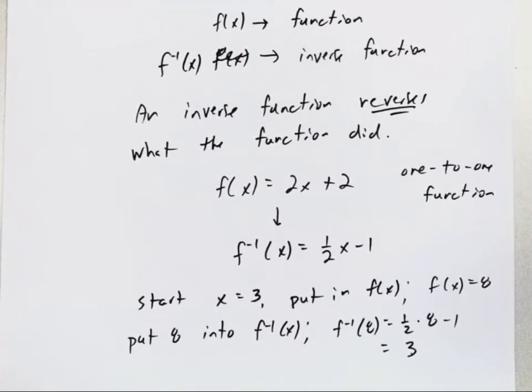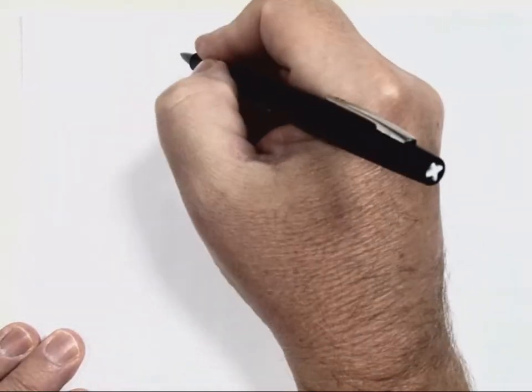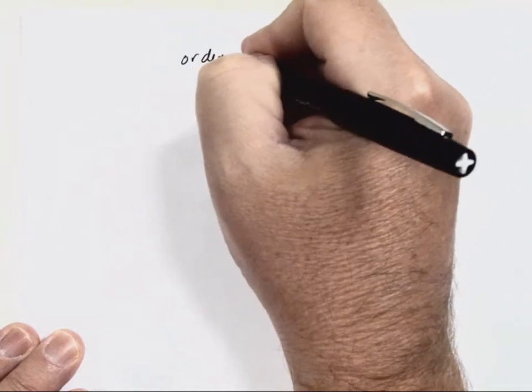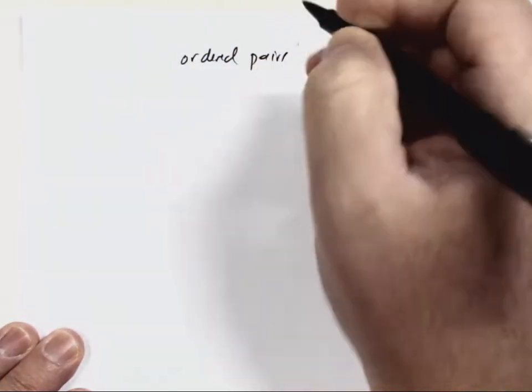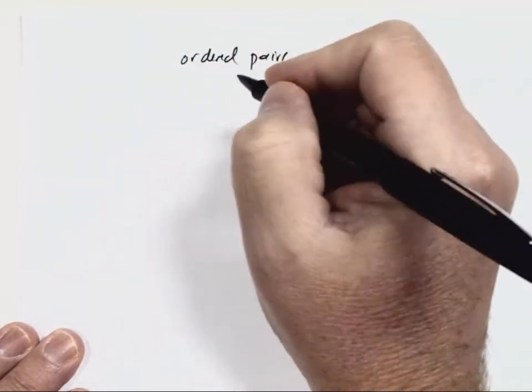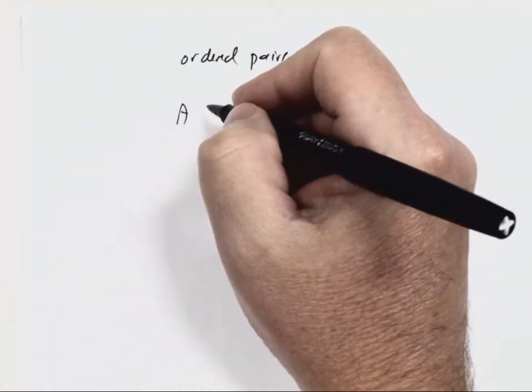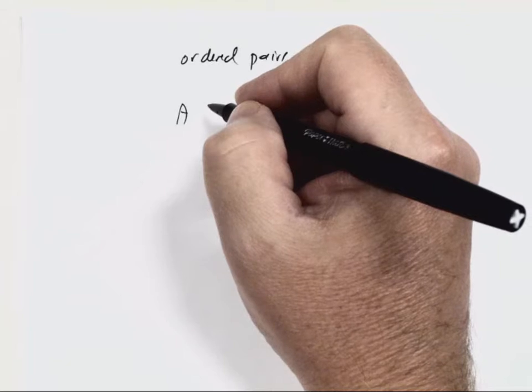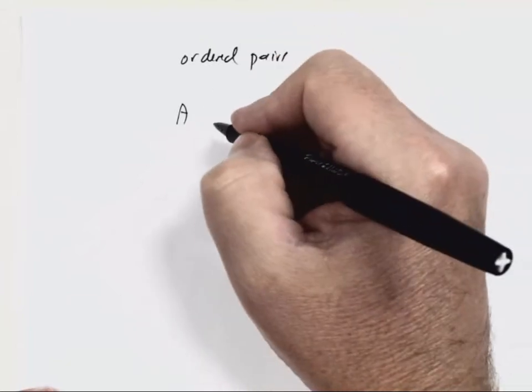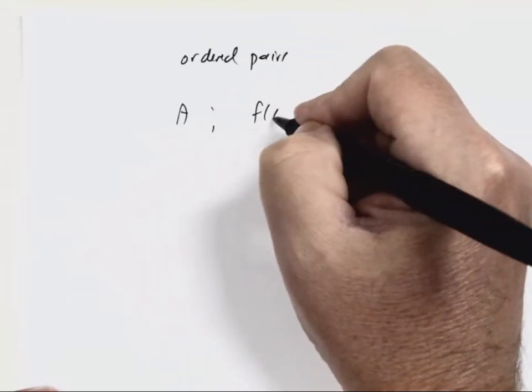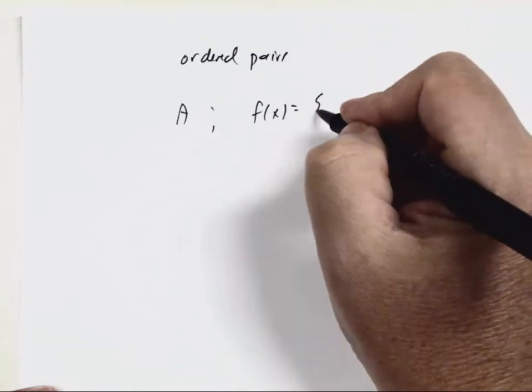Now real quick, for the 3 different possible types of functions, let me tell you how to figure out the inverse. First one, if you have a one-to-one function of ordered pairs, this is very simple. Let's just say set A, we'll call it a function f of x.